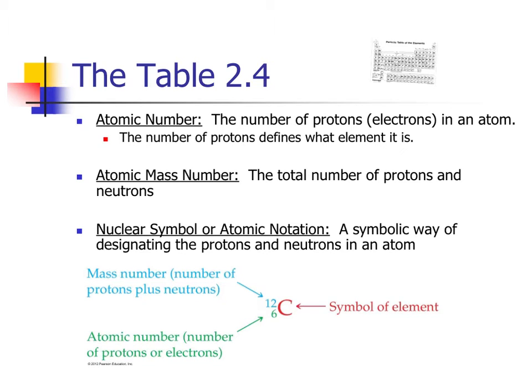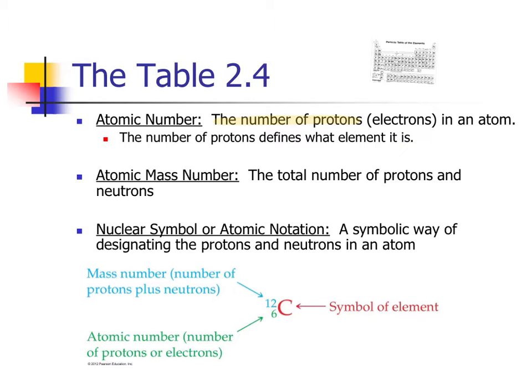So the whole number that's on most periodic tables is the atomic number. It is the number of protons, and that is the important thing. It can also be the number of electrons, but remember from last unit that electrons can change.